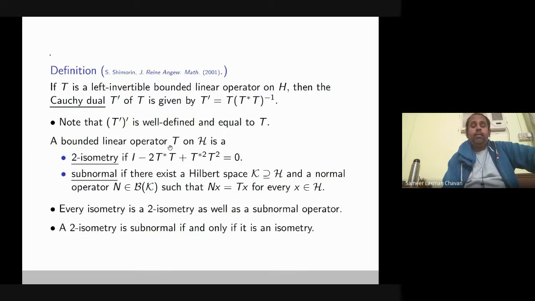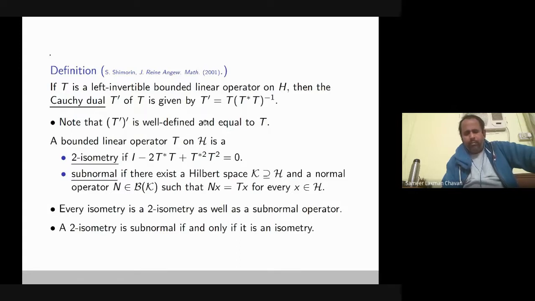Let me introduce a couple more definitions. We call a bounded linear operator a two-isometry if, recall that isometry means T*T is identity, and two-isometry means I minus 2T*T plus T*²T² equals 0.